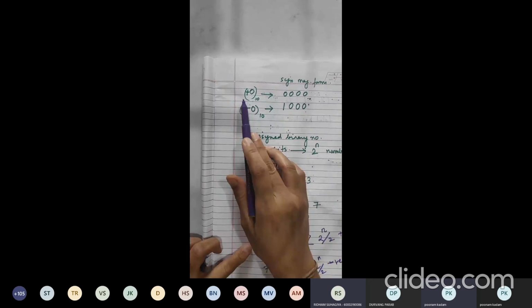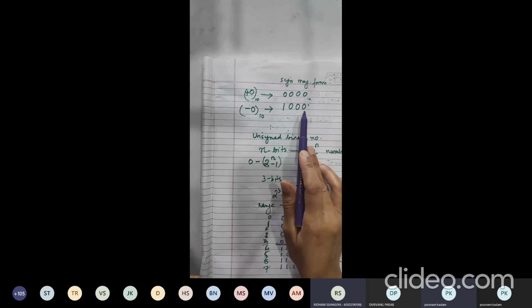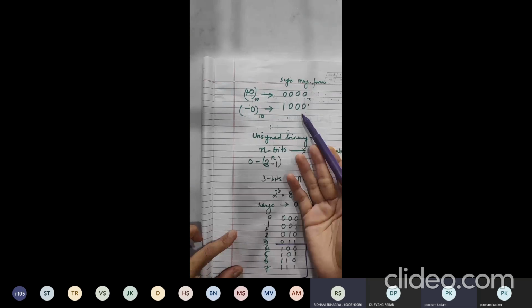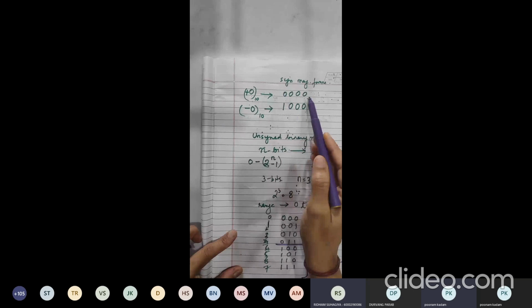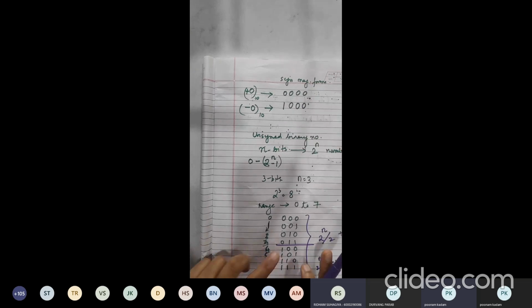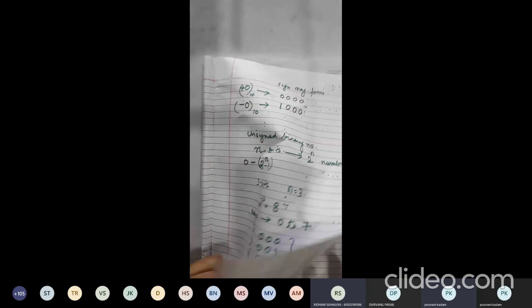But if this is the kind of code word that appears, what will you say? It is minus 0, isn't it? If this is the binary sequence that appears, it is plus 0. Because there are two ways to represent 0, therefore, here in the range, I have used minus 1.